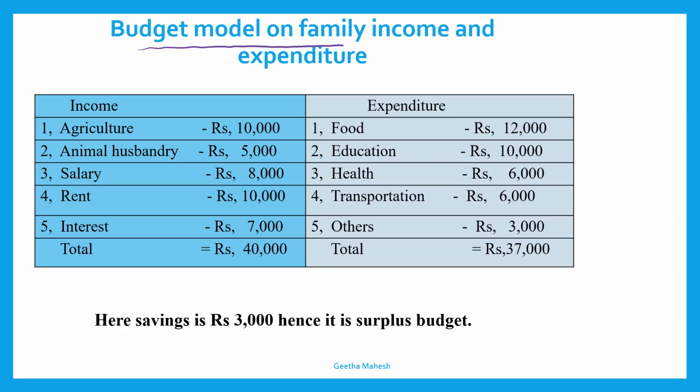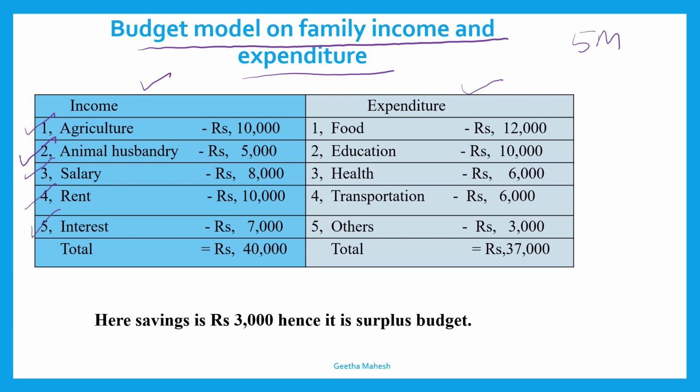Budget model on family income and expenditure. Dear students, this is also important for 5 marks. So, you have to prepare a budget, a model of a budget for a family income. One side you write down the income of a family, another side expenditure. So, in this table you can see I have entered agriculture, animal husbandry, salary, rent and interest.